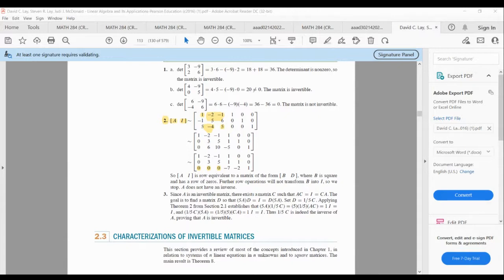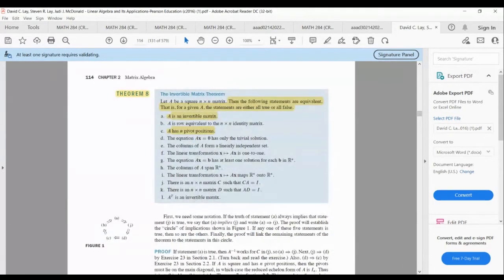You see? So we're utilizing here an example of Theorem 8 with parts A and C. So yes, if A is a 3 by 3 matrix and A is invertible, A will have 3 pivot positions by the fact that A implies C and C implies A. But if A is not invertible, then A does not have 3 pivot positions.